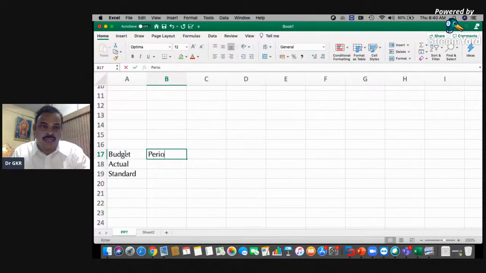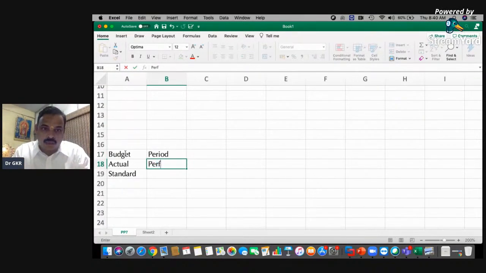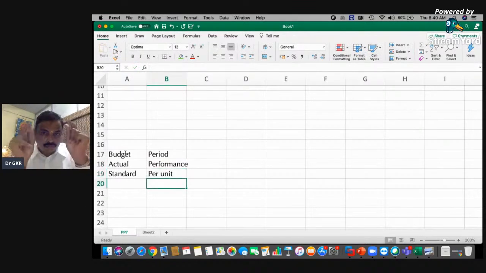Budget is always for a period. Actual is your performance. Standard is always per unit. The unit need not be the production or the number of commodities.